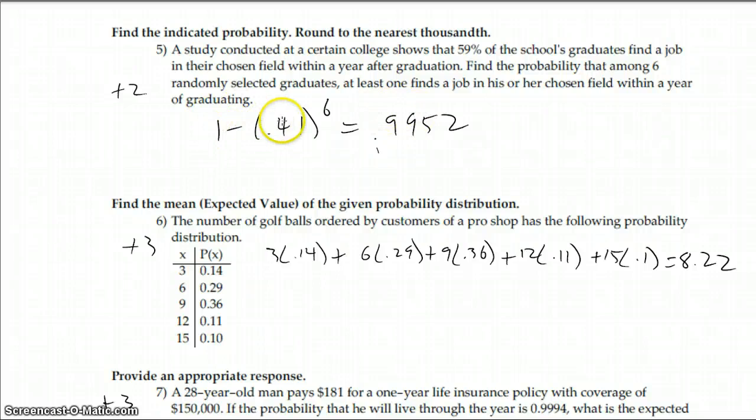That's the complement. So 1 minus the opposite of at least 1 is nobody getting a job. So nobody getting a job would be 0.41 and 0.41, and so that's to the 6th power. So we got there's about a 99.5% chance that if you randomly picked 7 people, you would get at least 1 person with a job.